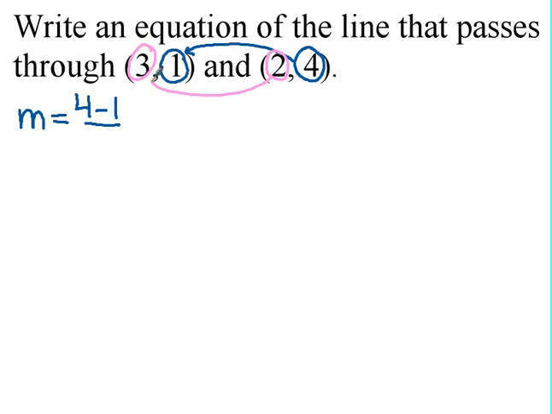Very good. So now I need to calculate that. So what is 4 minus 1? 3. What is 2 minus 3? So my slope is negative 3. Good.